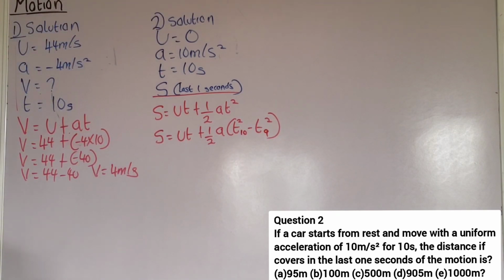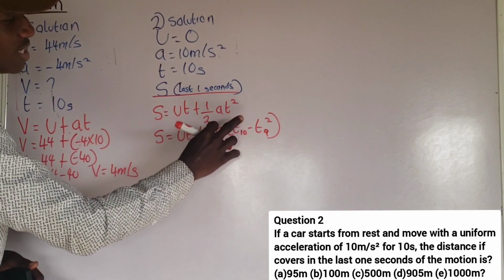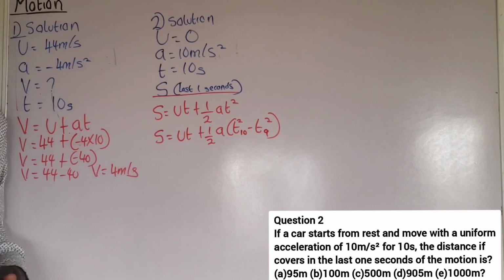So that is the reason why I have t10 squared minus t9 squared. 10 minus 9 is what? 1. That means the distance covered in the last 1 second will be the difference in the distance between the 10th second and the 9th second. You understand? So let's proceed.